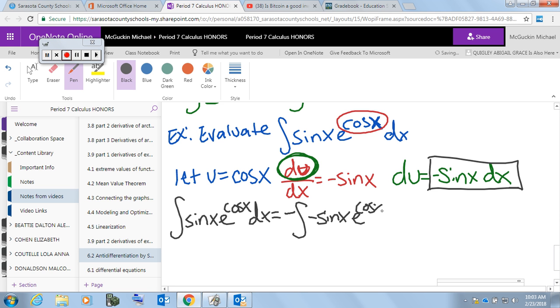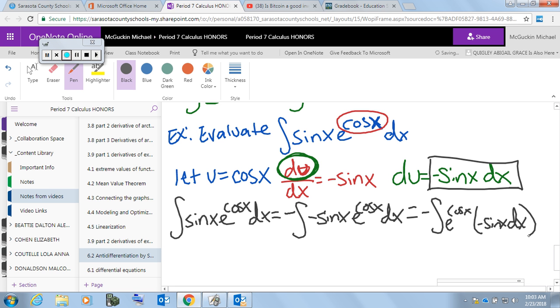You're starting to see what I mean, kind of like with limits, how we had to move some things around and manipulate them to get them into our favor. That's where we're at right now too. Now let me move it one more time. Take a look here: e to the cosine of x times negative sine x dx. What do you notice?